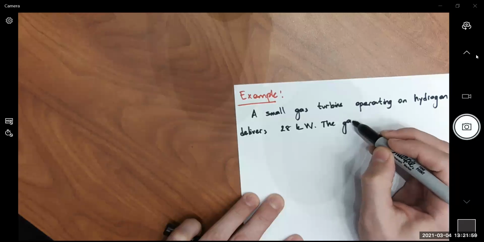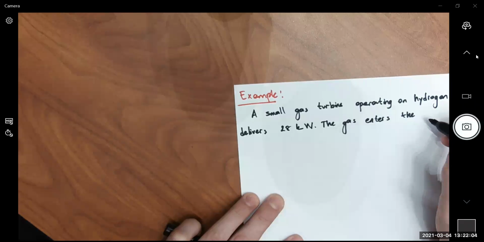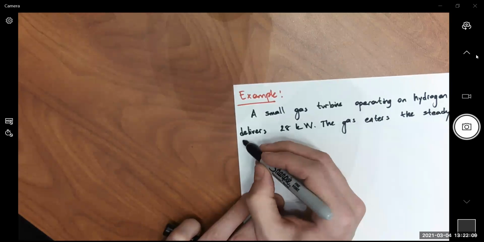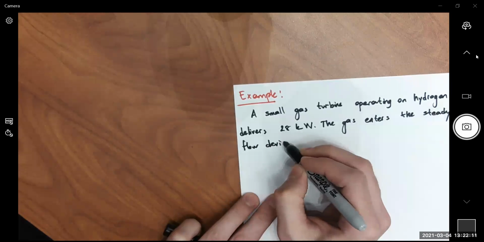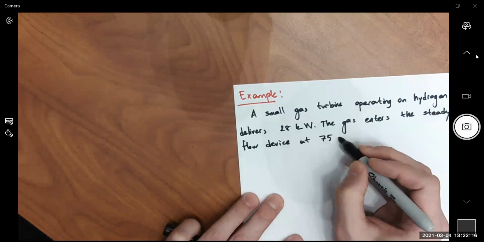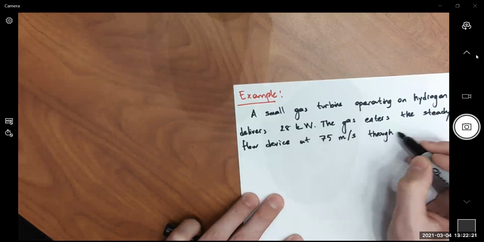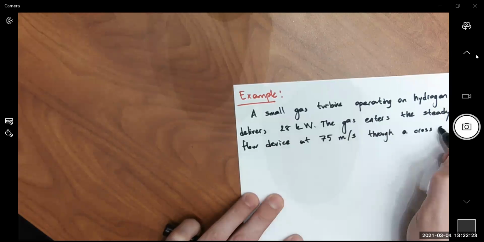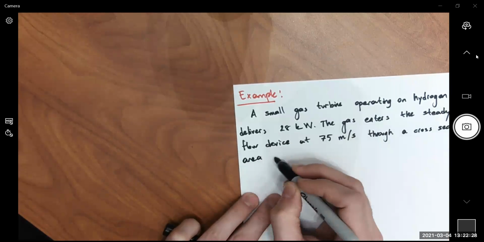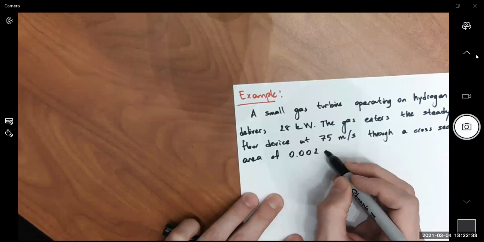The gas enters the steady flow device at 75 meters per second through a cross-sectional area of 0.002 meters squared.